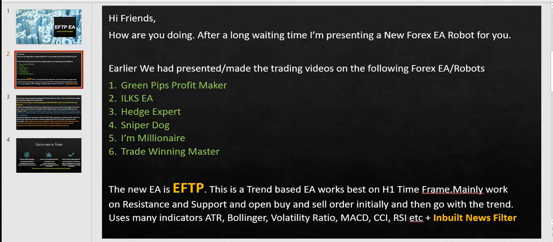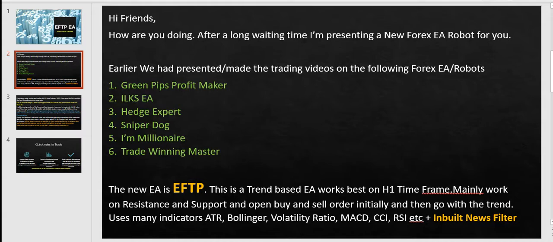One of the good features is that it has an inbuilt news filter as well. Many people ask about the news filter, because many people are afraid of trading when there is high fluctuating news. However, I don't bother about fluctuations due to the news, but still many people do.